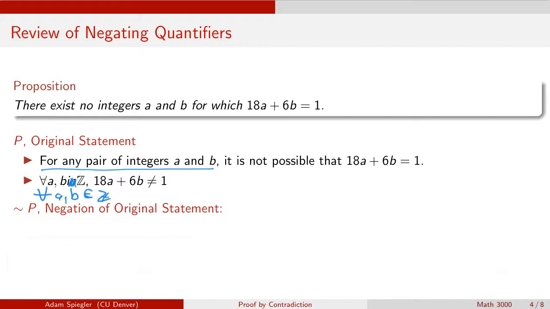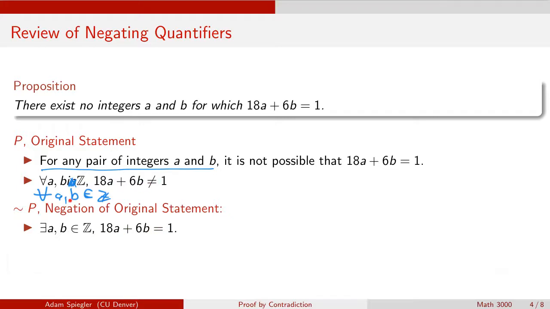Our original statement is equivalent to saying for all integers a and b, 18a plus 6b is not equal to 1. Now when we negate this statement, you may recall that we change the for all quantifier to a there exists quantifier, and then we negate the statement.